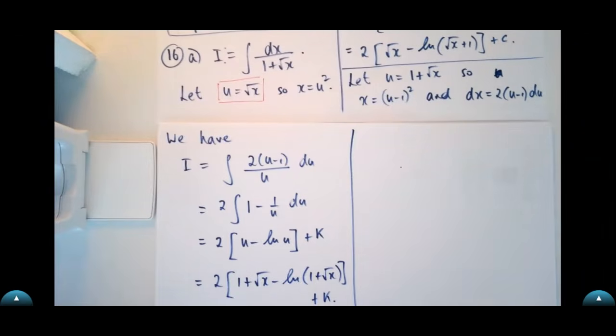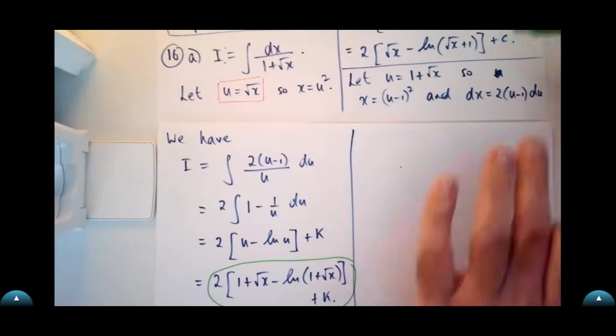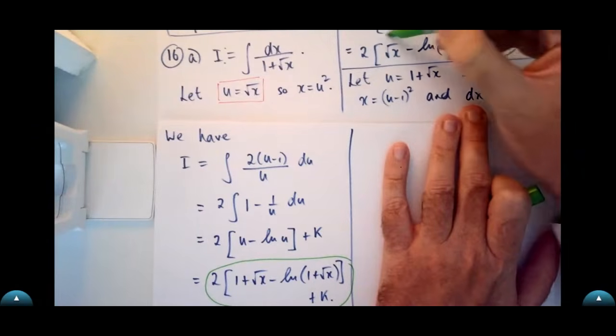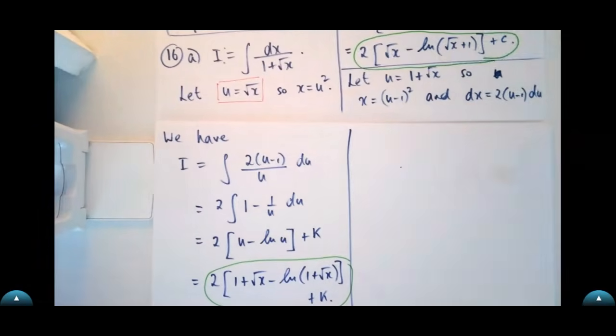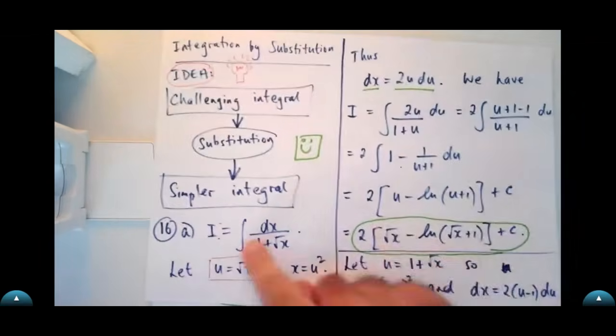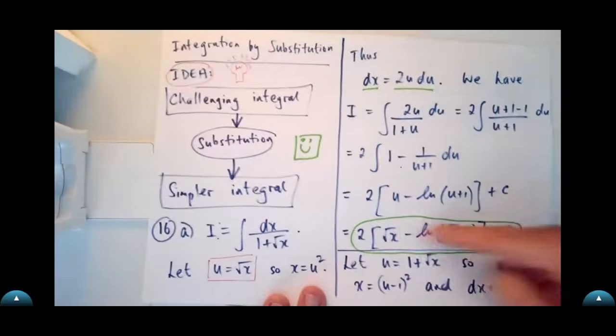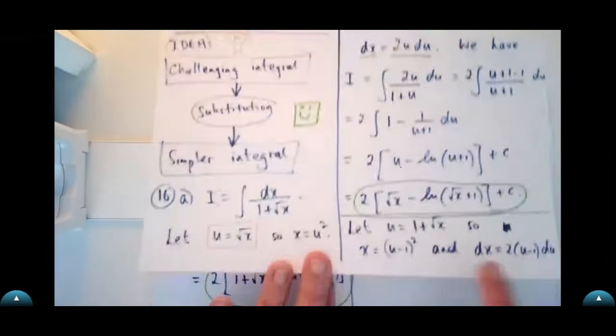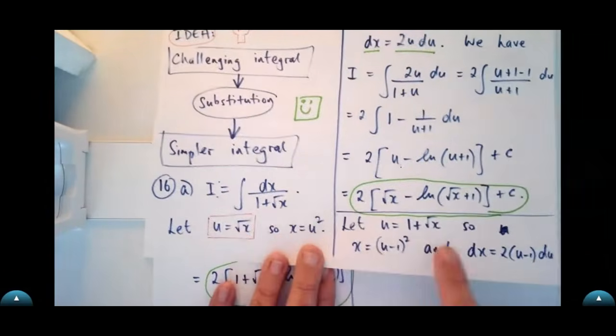But wait, people, wait. Have I made a mistake? This answer looks different to this answer. Yeah, the constant is different. This first method is the way they do it in the notes, and this is the answer they have in the back of the book, so they've obviously used this substitution.